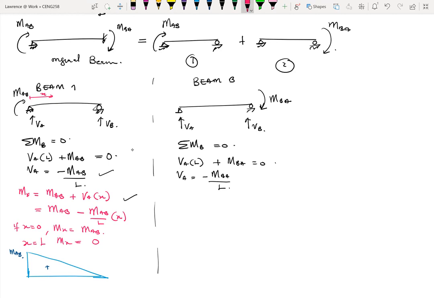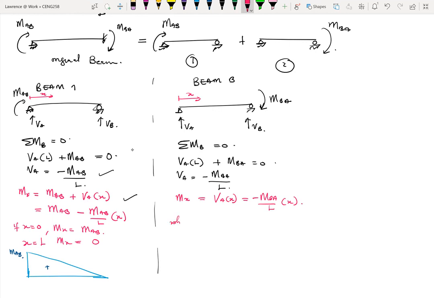Now, if you have our X starting from A towards B, then again, our moment at X along the span AB will be equal to VA times X, which is the same as minus MBA over L times X. Okay.